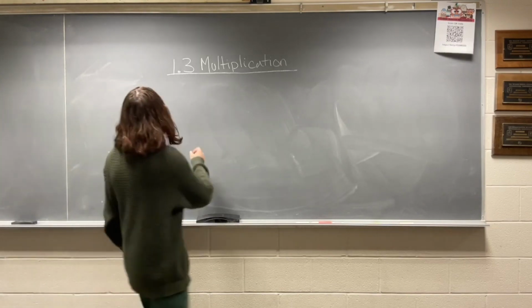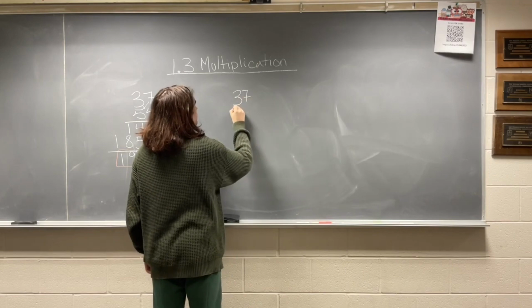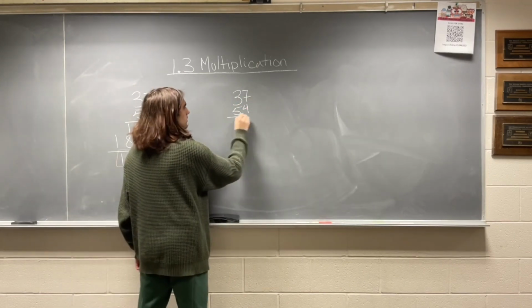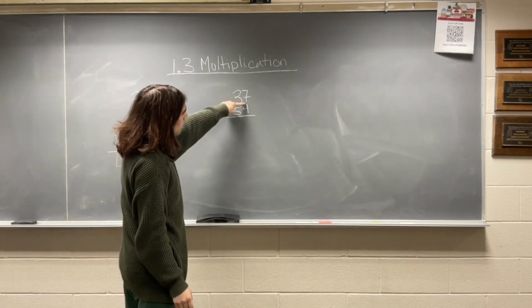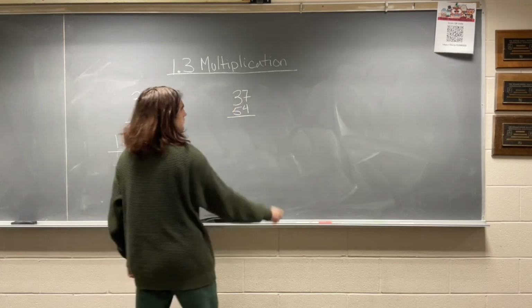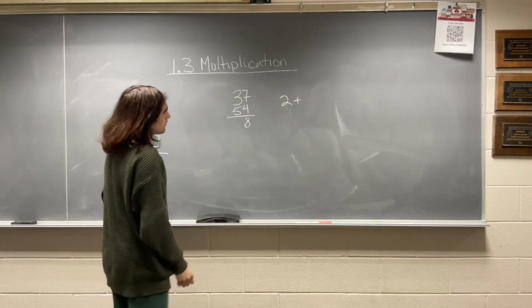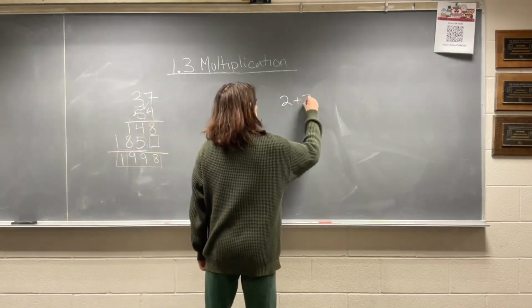Well, let's say we use the same problem, 37 times 54. What we can do is multiply 7 times 4 and then bring out the tens into here, and immediately start to add it to 7 times 5 and 3 times 4.